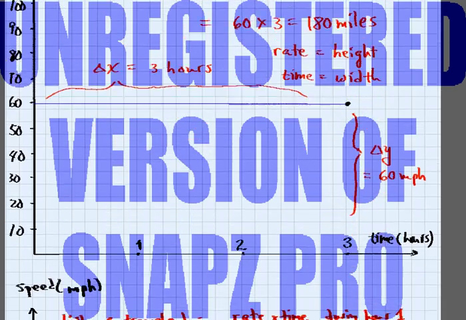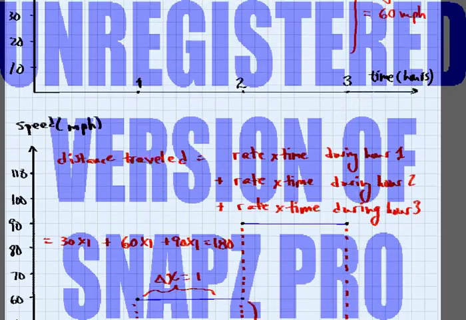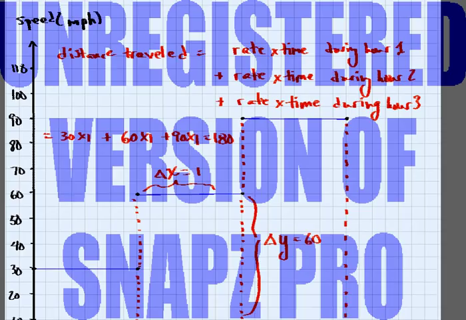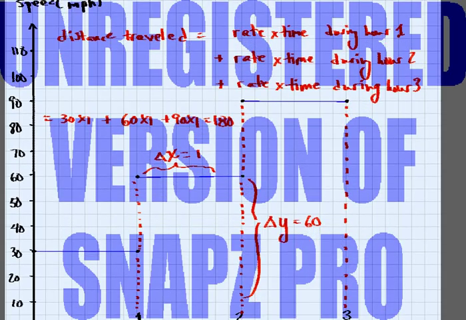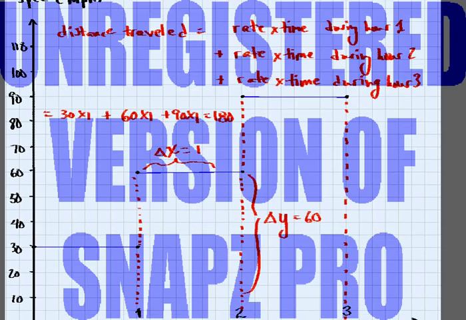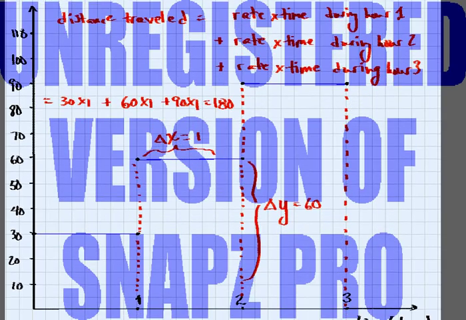Let's go to that second example, and maybe it'll start to be a little more clear why I'm emphasizing that bit about the area. Well, recall that in the second example, you drove at 30 miles an hour for the first hour, then you drove at 60 miles an hour for the second hour, and finally at 90 miles an hour for the third hour.